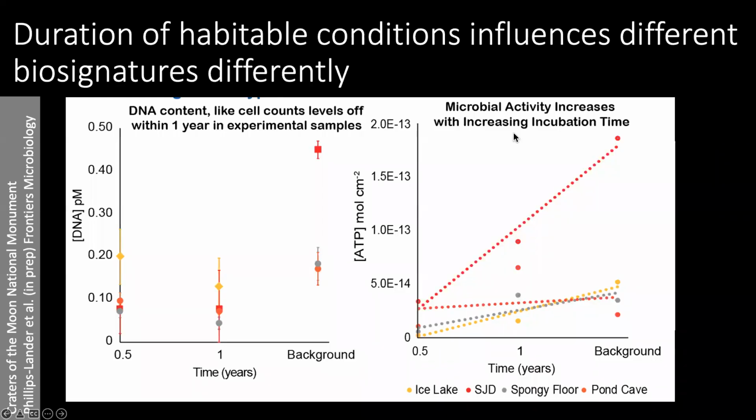And so this is what that looks like. On the right-hand side, you can see microbial activity increasing with time. Screaming Jaws of Death has a much different trajectory, probably because it's significantly warmer than the other caves, which sort of group more closely together.